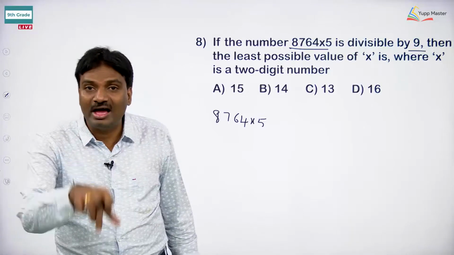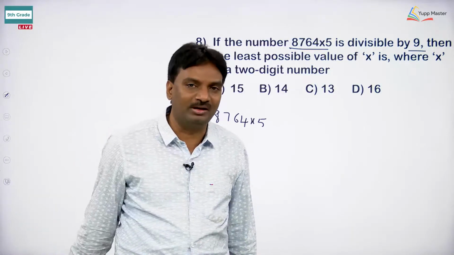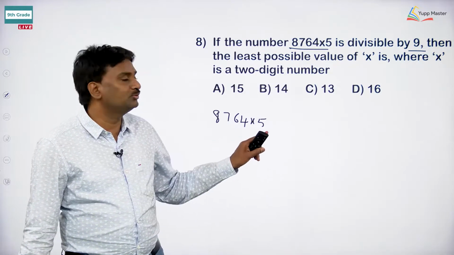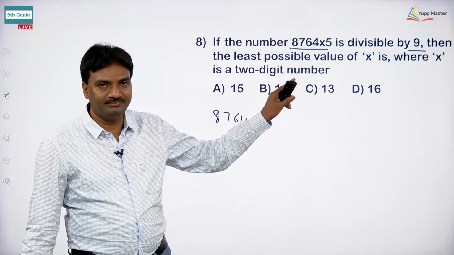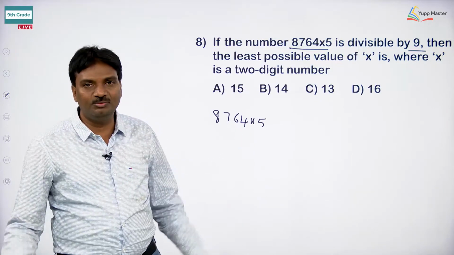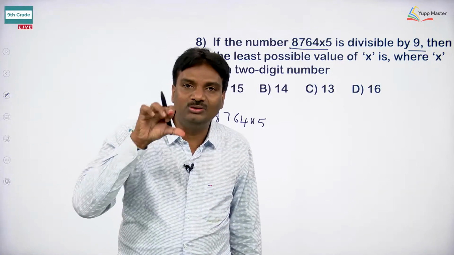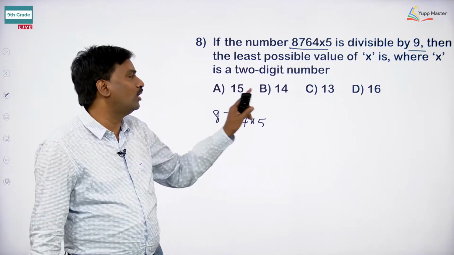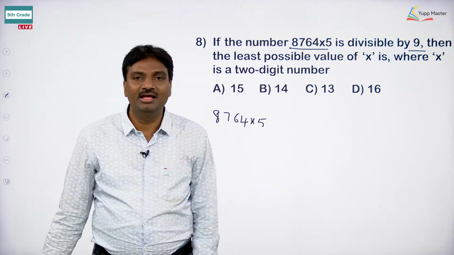We have to find that value with respect to the given problem. If 8764x5 is divisible by 9, what is the value of x? The value of x may be any one of these 4 options, 15, 14, 13, 16.